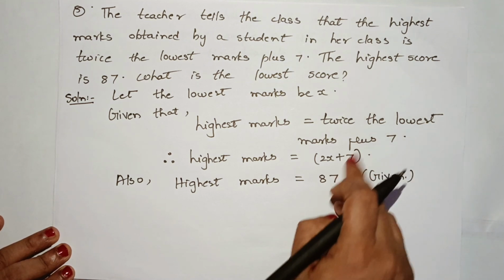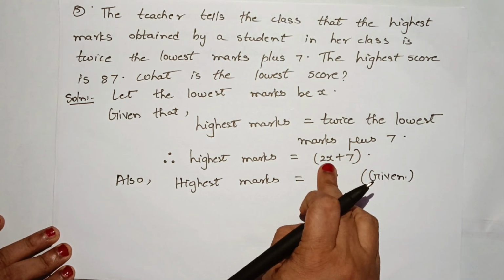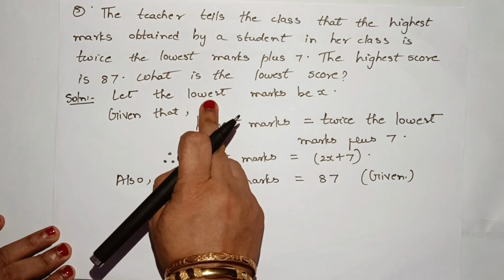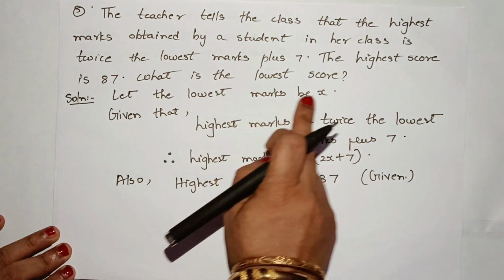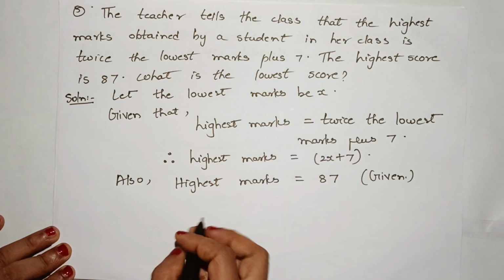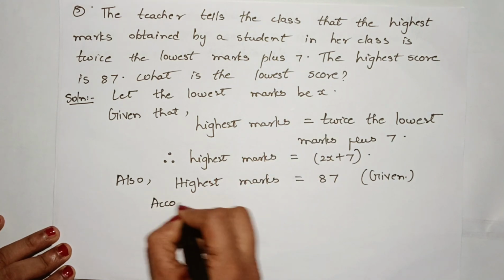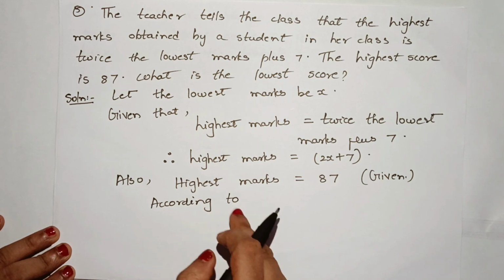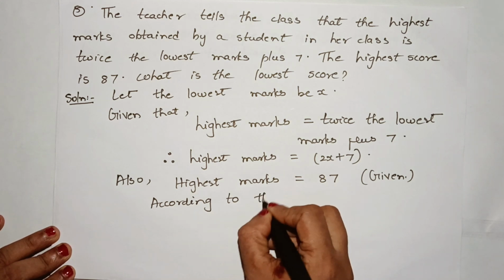So you can equate both the expressions, and from that you will get the value of x, and x is nothing but what? The score of the lowest marks, which we have taken as x. So here you can write according to the question, or you can write therefore the equation formed is.